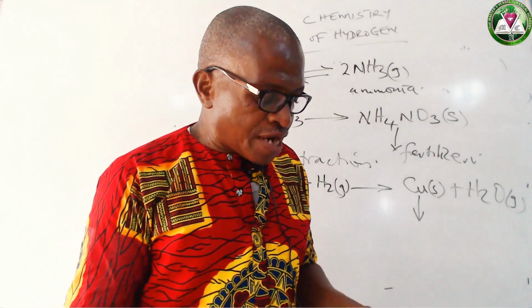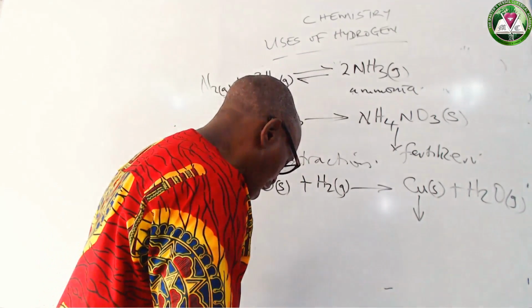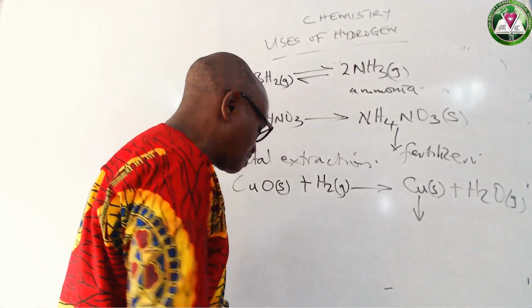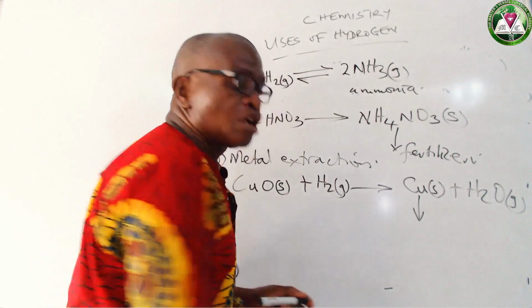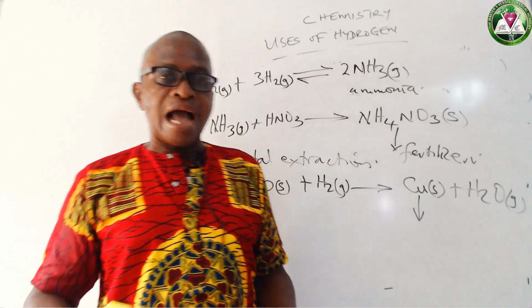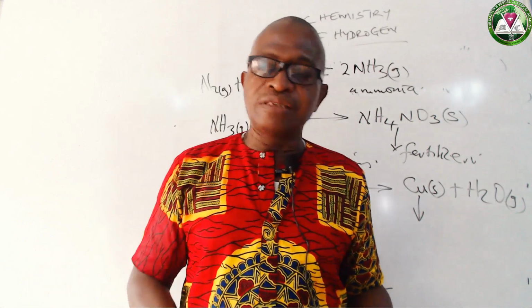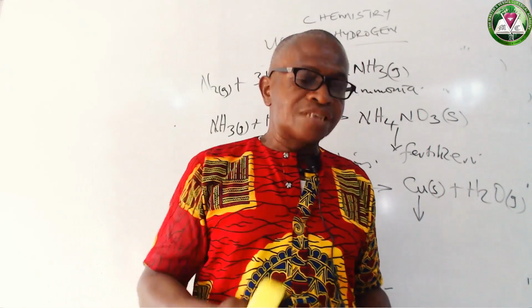Having done that, let us look at isotopes of hydrogen. Before now, we have already done isotopes. We said that isotopes are atoms of the same element with the same atomic number but different mass number.